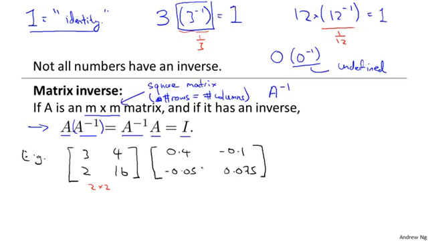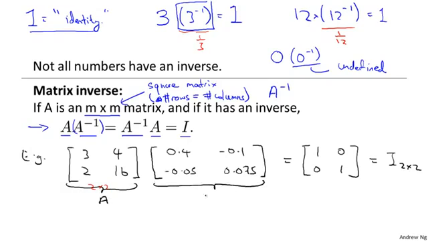And if I multiply these together, what I get is the 2 by 2 identity matrix, which we can write as I 2 by 2. On this slide, this matrix is the matrix A, and this matrix is the matrix A inverse. Here I've computed A times A inverse. If you compute A inverse times A, you also get back the identity matrix.